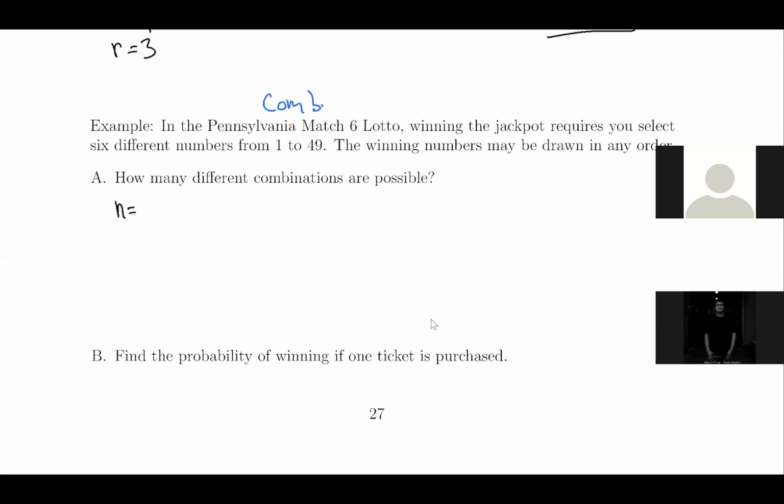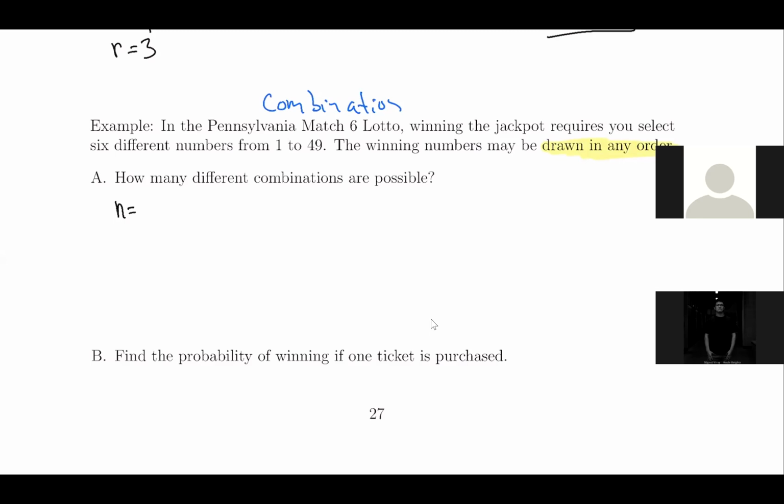How do I know this is a combination? Not because I could use the same number. The key thing that they tell us is that it doesn't matter the order. They'll draw it in any order. So it doesn't matter if you chose the winning number as the 6th number or the first.